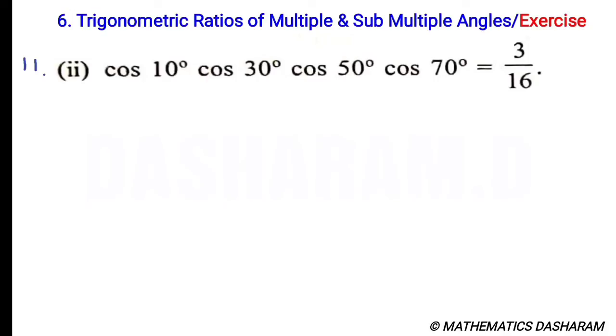Second problem: cos 10 degrees into cos 30 degrees into cos 50 degrees into cos 70 degrees is equal to, show that, 3 by 16. So in the LHS, one value we can substitute, that is cos 30 degrees.